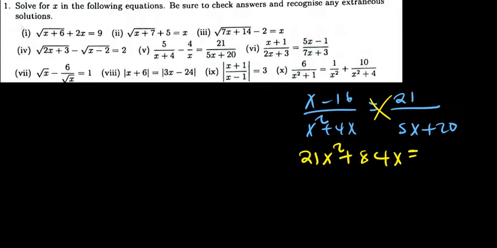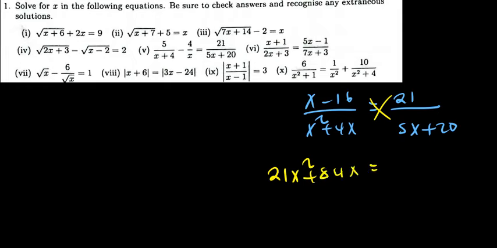Should be equal to these ones, just put them in brackets for now, and we'll come and multiply them later. I don't have enough space there, so let me rewrite it. We are getting 21x squared plus 84x is equal to 5x plus 20 in the brackets, then x minus 16 in the brackets.